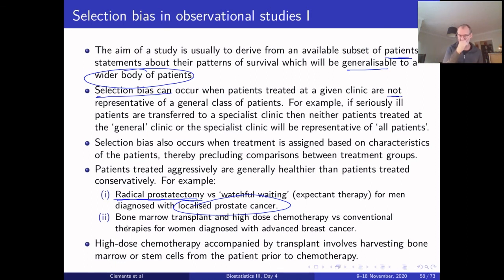As a second example, bone marrow transplant and high-dose chemo versus conventional therapy for women diagnosed with advanced breast cancer. High-dose chemo accompanied by transplant involves harvesting bone marrow or stem cells from a patient prior to chemotherapy.